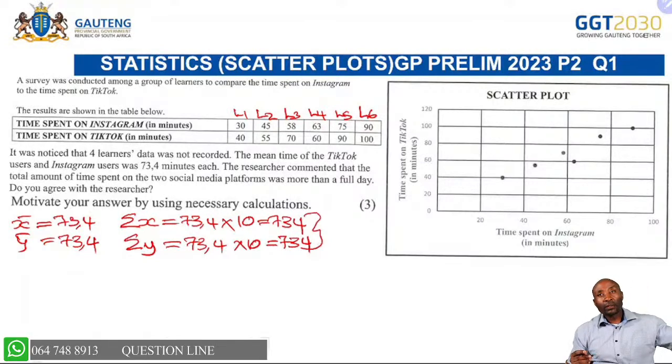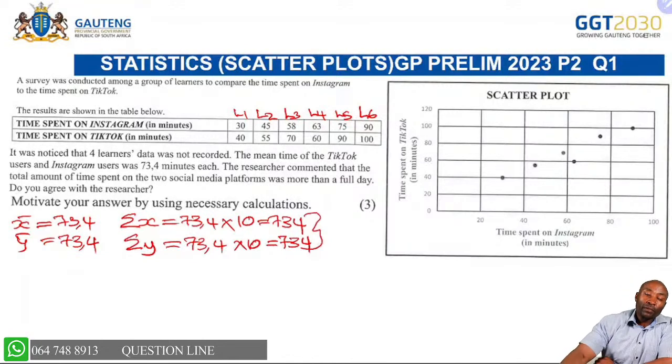We divide 1,468 by 60 minutes because an hour is equal to 60 minutes. It will give us 24.46 hours, which means it's true that the researcher commented that the total amount of time spent on the two social media platforms was more than a full day.